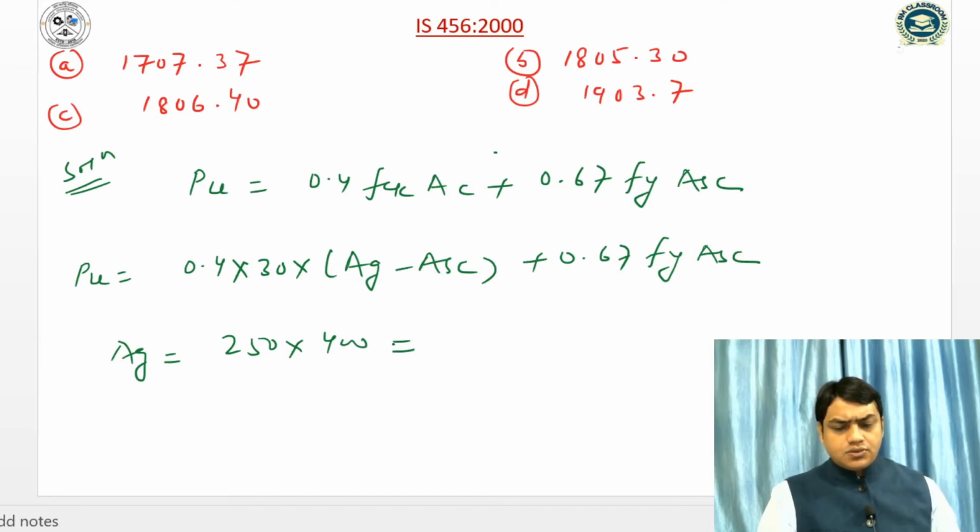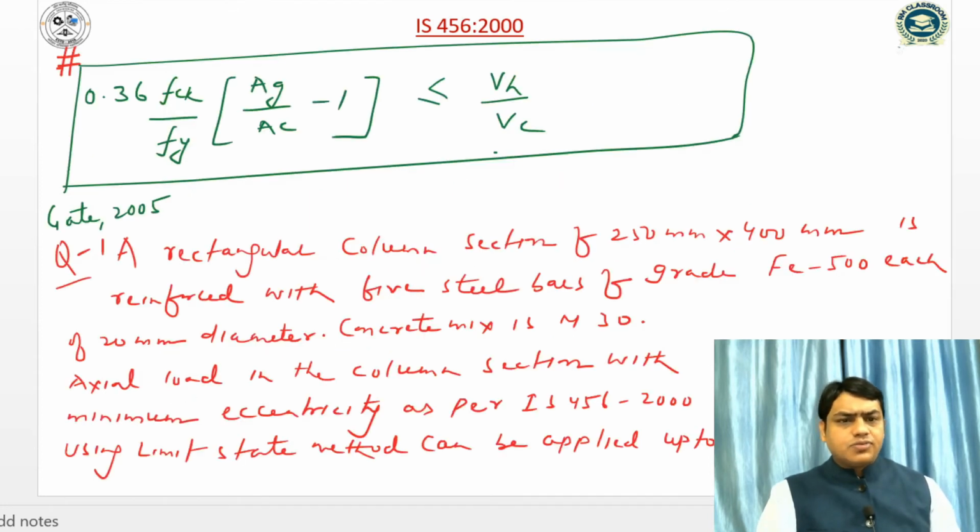So it is 100000 mm square. Similarly, Asc can be computed. The reinforcement is given as 5 bars of 20 mm diameter.